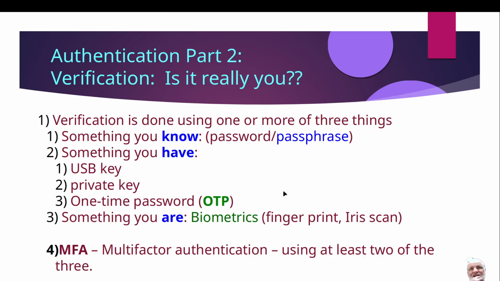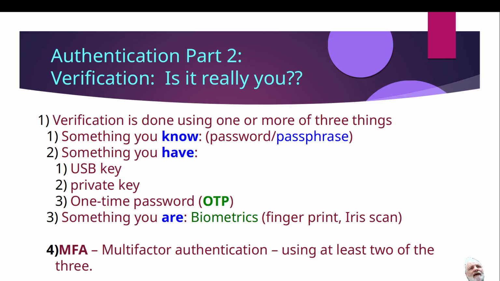Once you identify who you are, you say, okay, this is me. Then you have to prove it. So you have to verify, is it really you? Verification is done using one of 3 different things. Something you know, which is either a password or a longer passphrase, or something you have.